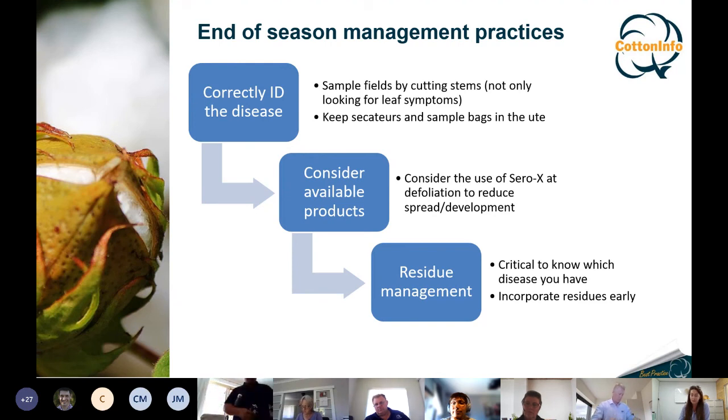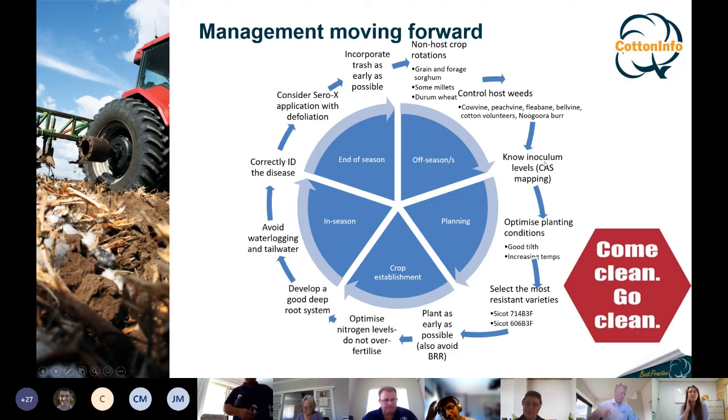But looking forward, in terms of the whole season and your whole farming system, this is a summary of management practices that you can use throughout the whole cycle. In the off season, after your end of season management, you want to be planting non-host crops.